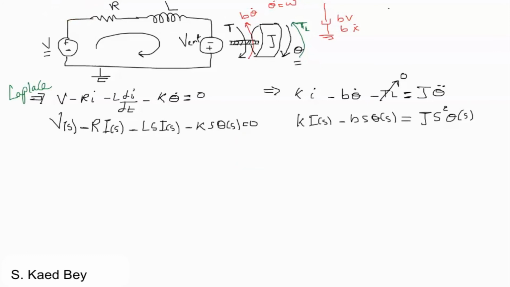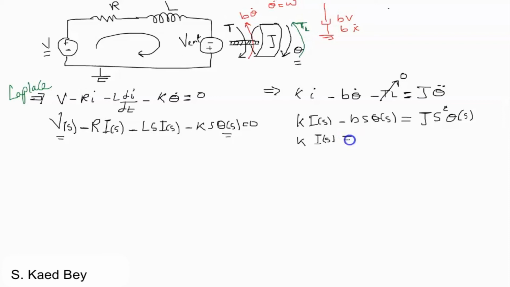If you notice here, the input is V in(s) and my desired output is theta(s), so this leads to the conclusion that it's easier if I find I(s) in one equation and substitute it in the other. This will give us a relation only between the input voltage and the output angular position.